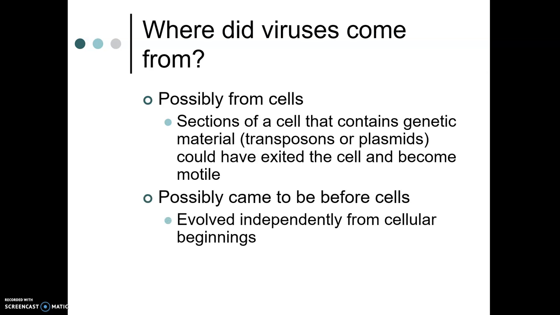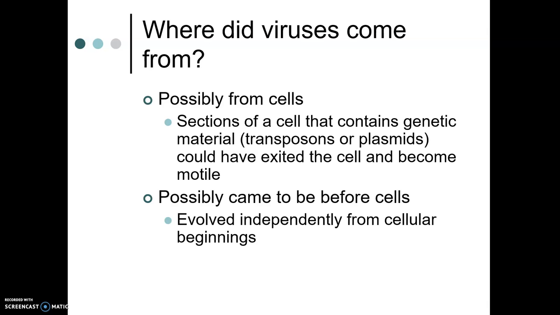Another theory says that they evolved independently from cells. So they actually evolved before cells did, because viruses are, for the most part, smaller and less complex than cells. Cells are much more organized. They have a lot more going on with them.